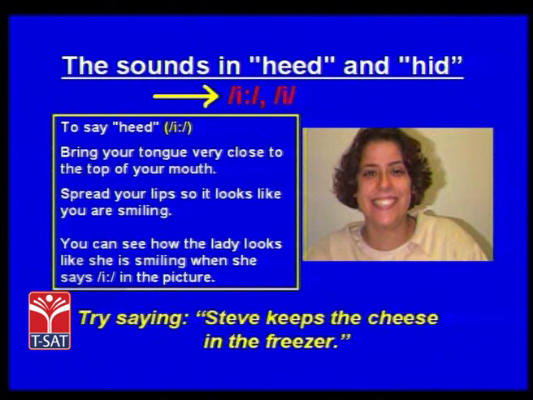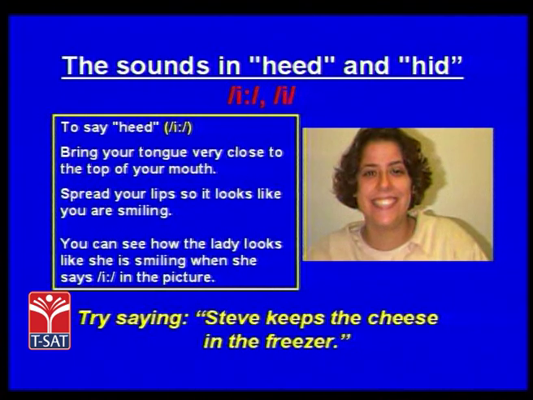Remember, whenever you see that colon, like two dots, one on top of the other, next to any of these symbols, that suggests length. That is, you're going to have a longer period of leaving out air. They're known as the long vowels, and the others without it are known as the short vowels.